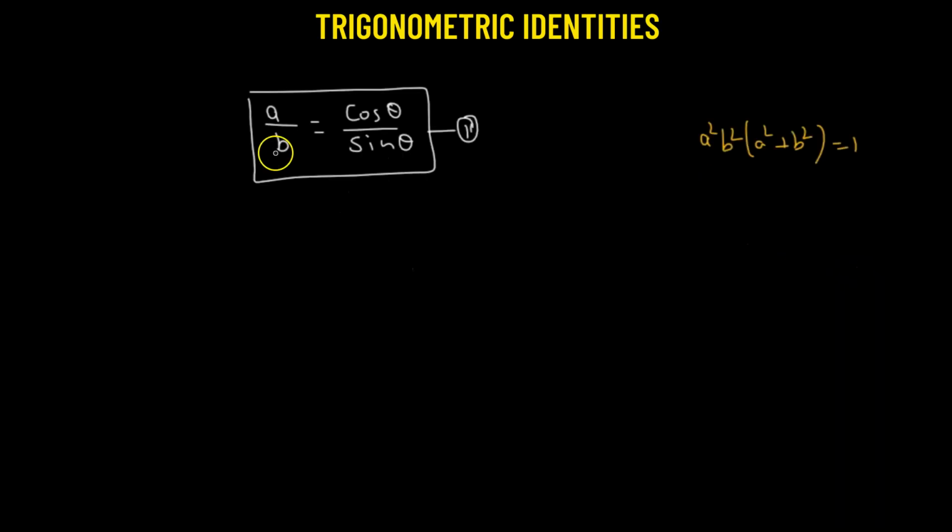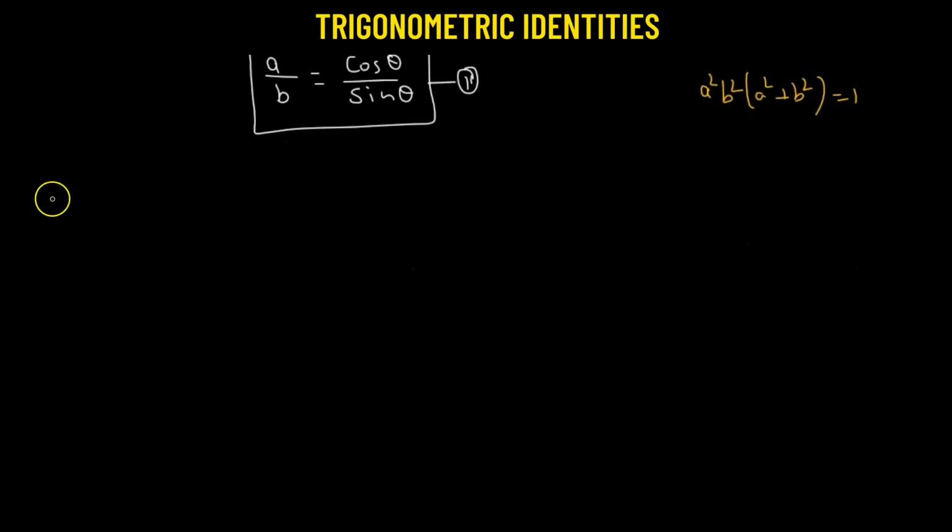Now we'll begin from the left hand side. On the left hand side we have a squared b squared multiplied by a squared plus b squared. Let's do one thing. We are going to multiply and divide by ab. When we multiply a squared b squared by ab, we get a cube times b cube.